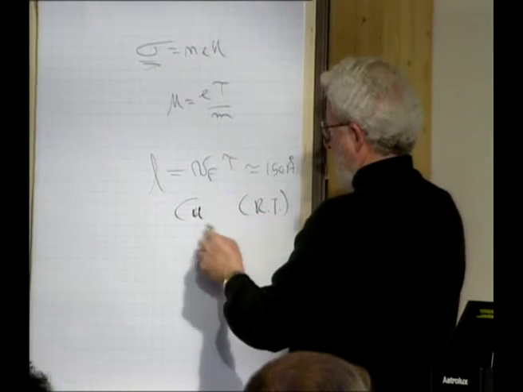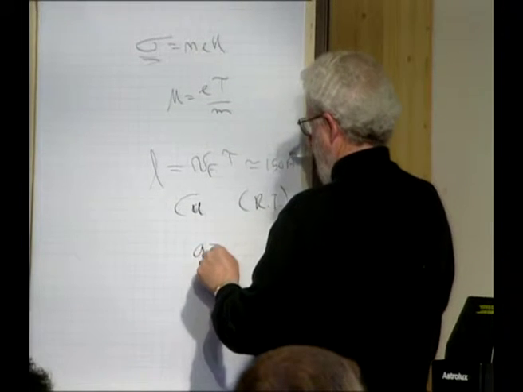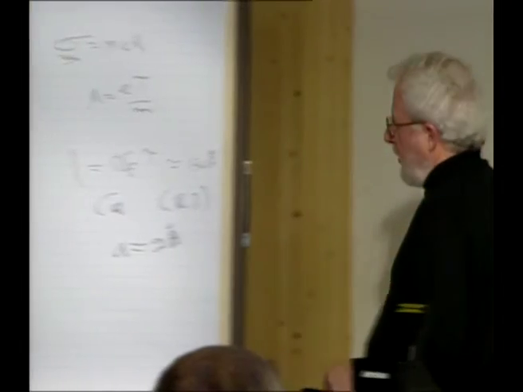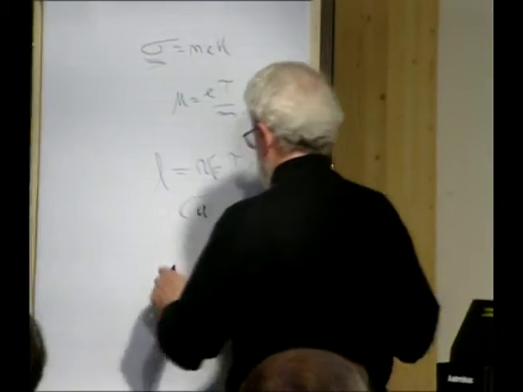Now the lattice constant of copper is approximately 2 angstroms. So here we are at room temperature, and in copper the mean free path is of course much greater than the lattice constant.